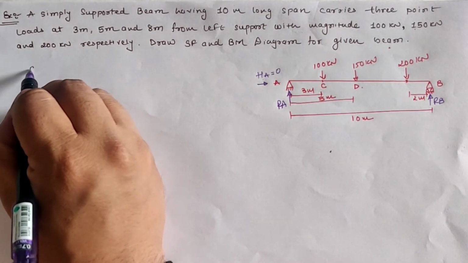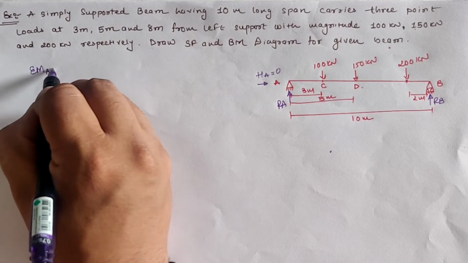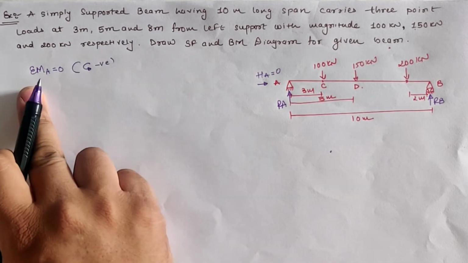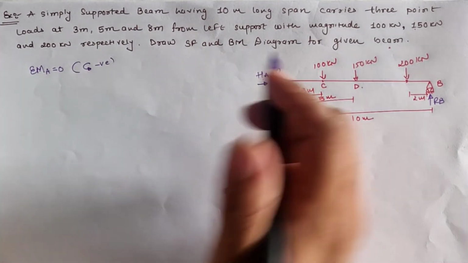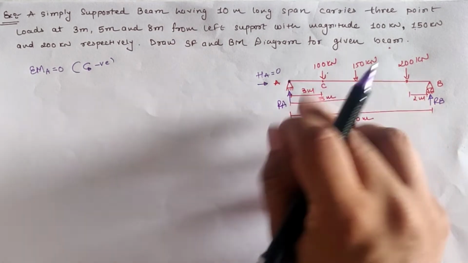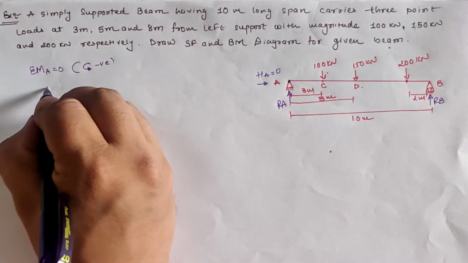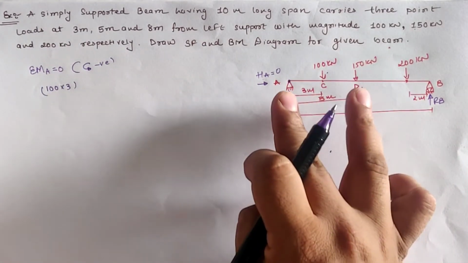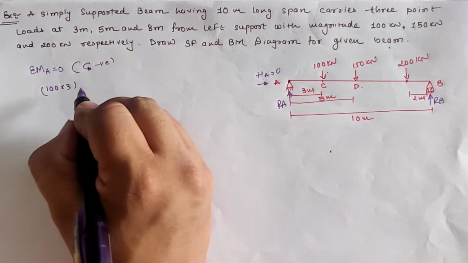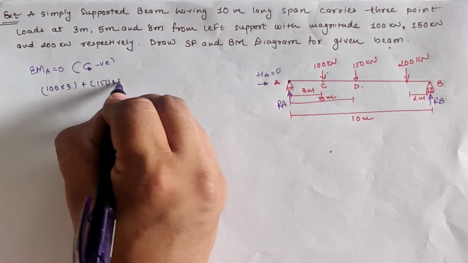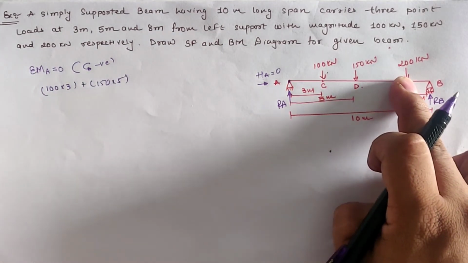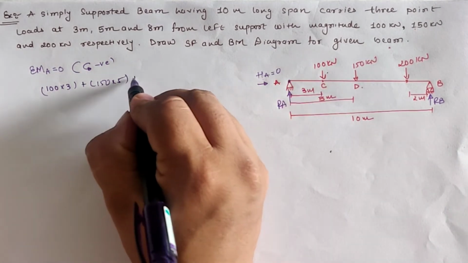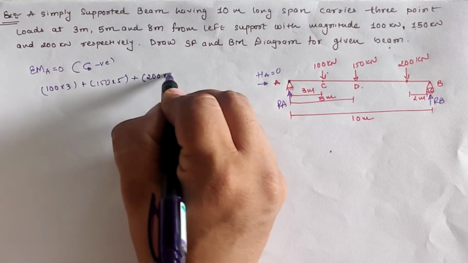Now taking the moment at location A equal to 0 and treating anticlockwise moment as negative, of the 3 equilibrium conditions, we have 100 into 3 in clockwise direction, so it is 100 into 3 positive. Due to 150 kilonewton, it is 150 into 5 in clockwise direction, and the 200 kilonewton point load at distance 8 meter from location A is clockwise, hence it is 200 into 8.